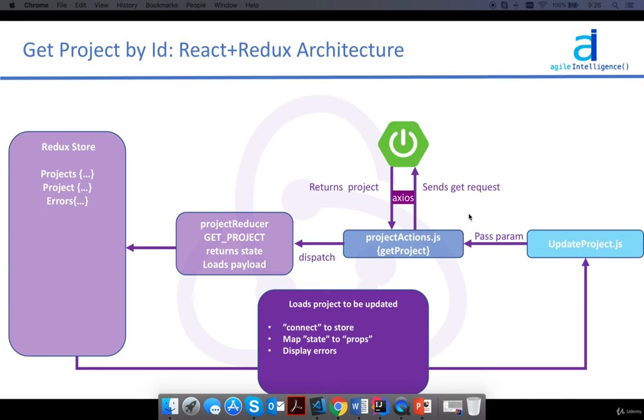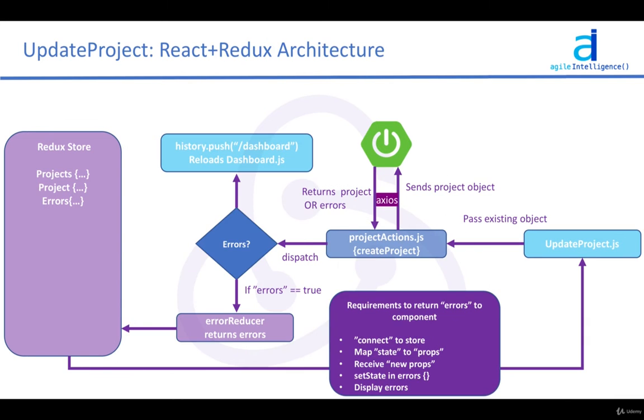Then the second use case that we're going to implement is to submit the updated project. We need to pass the existing object, and if you recall, when we were wiring this up, the only thing you need to do to be able to use the same create project endpoint is, when it's an existing project, be sure to pass it the database ID, which we're going to do, of course.